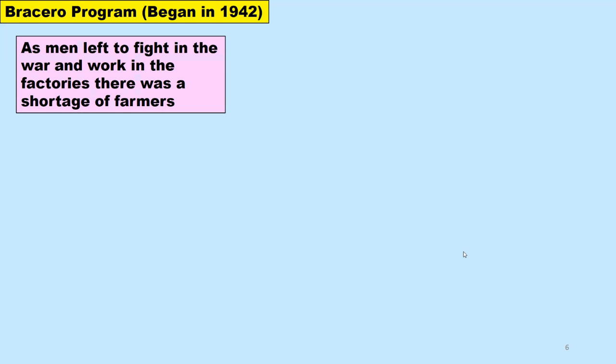All right. Now something new, but not really new. The Bracero program. It begins in 1942, and this is migrant workers, migrant farmers. I think that we touched on this a little bit with World War One, but here it's a legitimate program that's created.